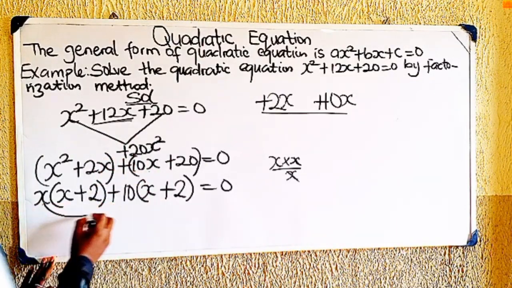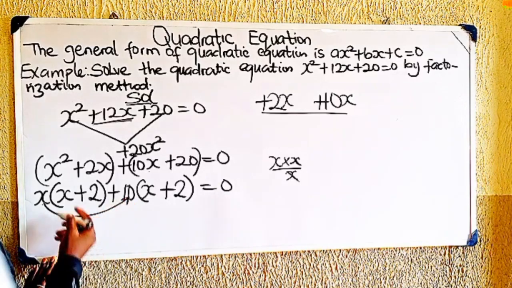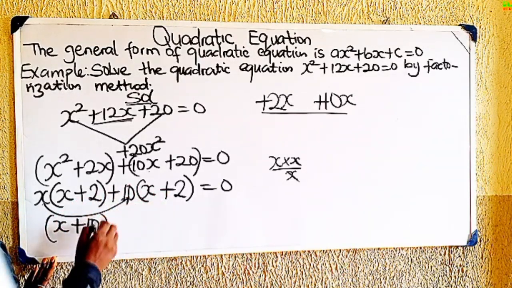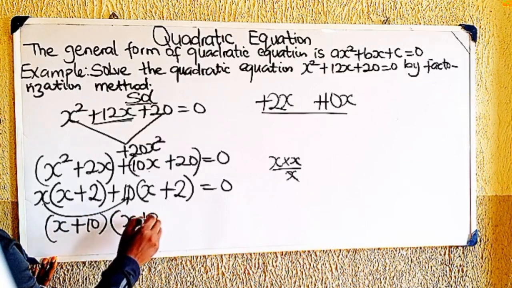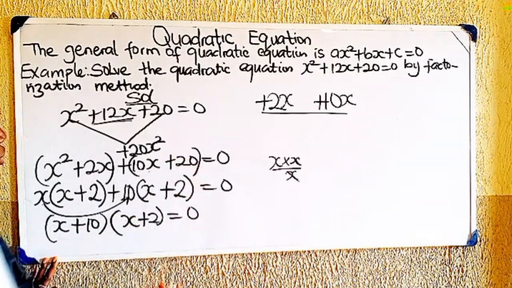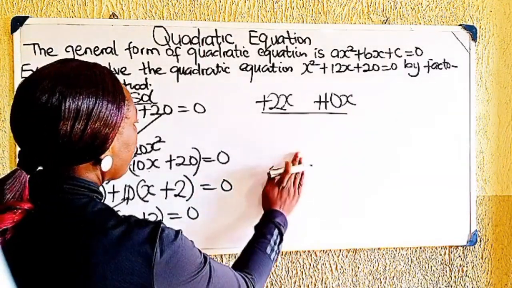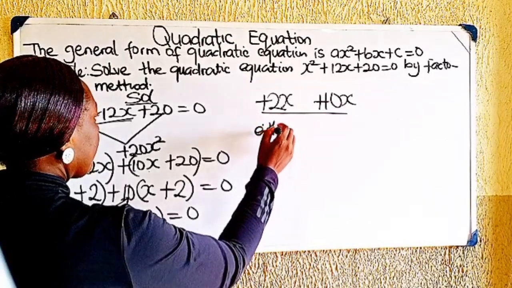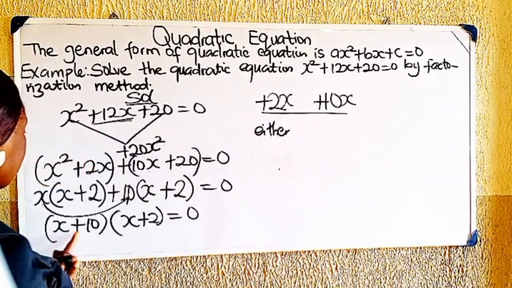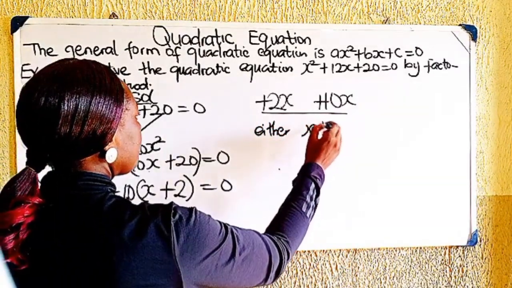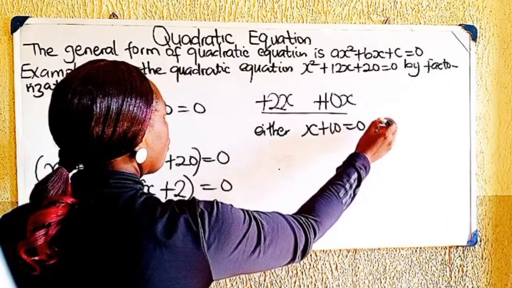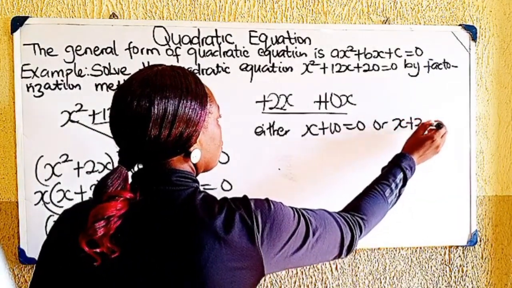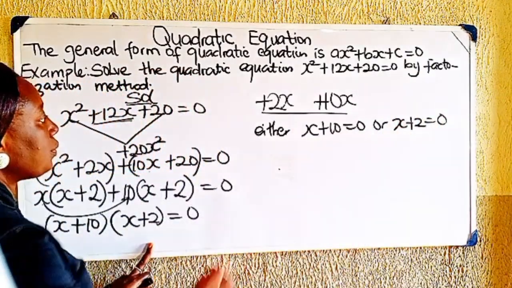Now, I have to pick this and this and one of these. So I have x plus 10 into x plus 2 equal to 0. Then coming up here, I will say either x plus 10 equal to 0, or x plus 2 equal to 0.